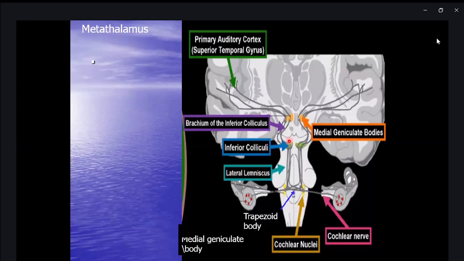This ascends to the medial geniculate body, and then from there as auditory radiation to the temporal lobe, the primary auditory cortex. Then we have those fibers that connect to the inferior colliculi for reflex activity. So some fibers leave and enter the inferior colliculi for auditory reflex activity.